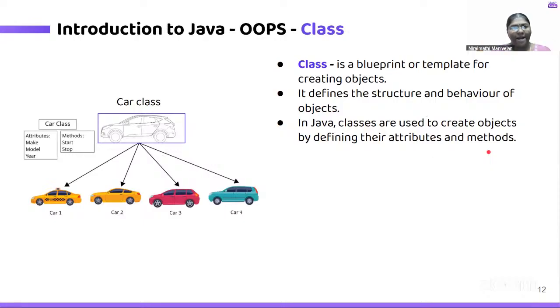As a parent, you are creating the objects, your child, which replicates your behavior and activities. If you are a good swimmer, your child will also be interested in learning swimming. If you are a good teacher, your child also will excel in teaching. Like that, these are the attributes and methods which we can compare.